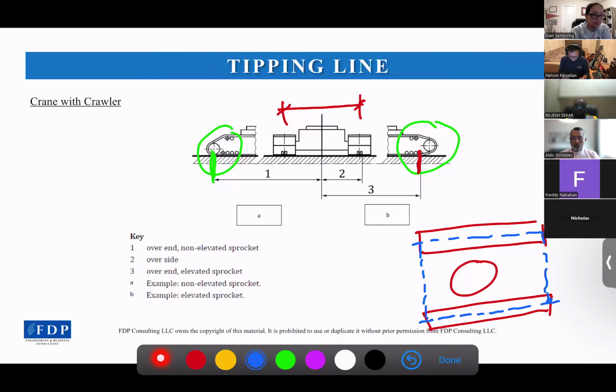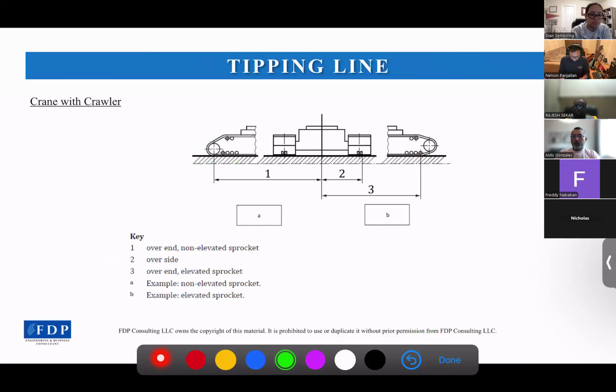And that's for the tipping line. And for the edge, the corner here, we need to see what type of track we have in our crane, either a non-elevated or elevated sprocket. So yeah, that's for the tipping line.